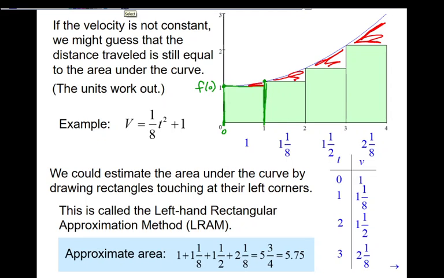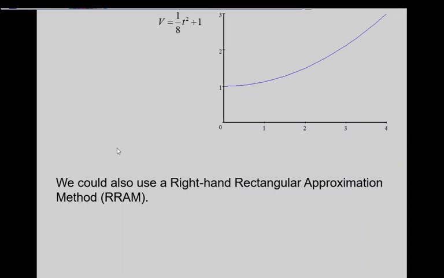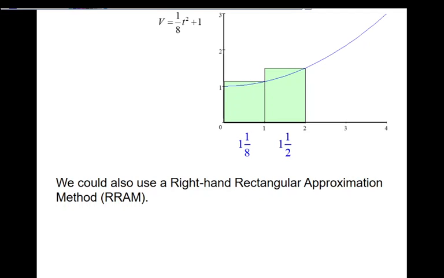Well, if there is a LRAM, then obviously there is also what we call RRAM, okay? So we could also use the right-hand rectangular approximation method, or RRAM. And basically it's the same idea, except my rectangles hit on the right side, okay? And again, same process here.